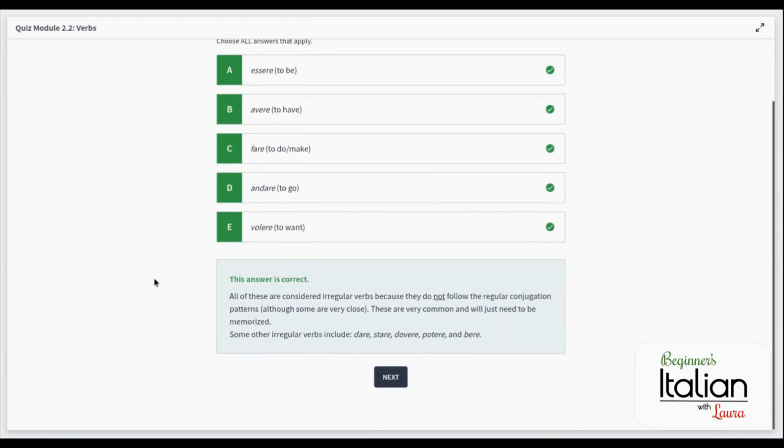In this case, all of them are the correct answer. All of these are considered irregular verbs because they do not follow the regular conjugation patterns, although some are very close. These are very common and will just need to be memorized. Some other irregular verbs include dare, stare, dovere, potere, and bere.